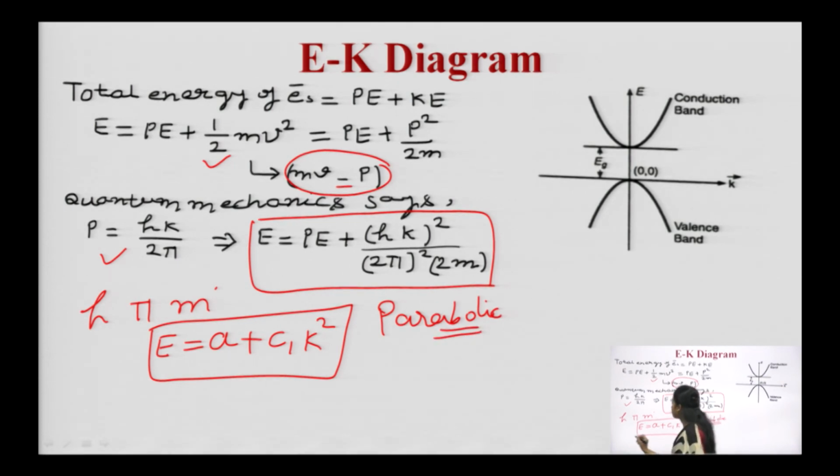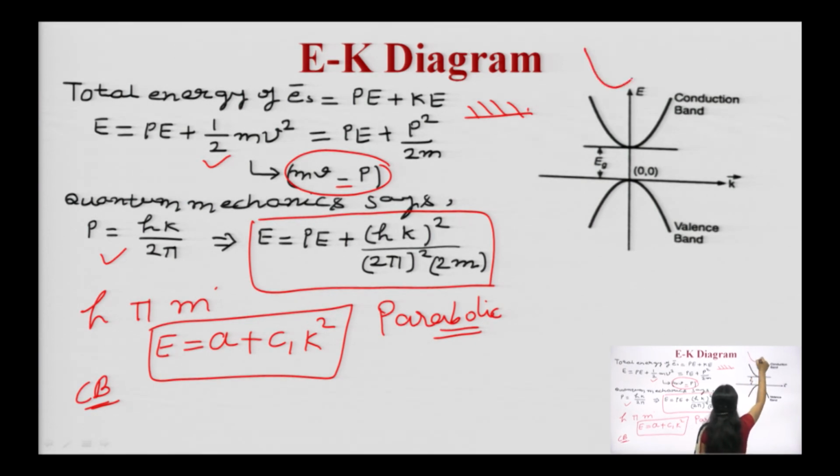So, when you are drawing for the conduction band, the conduction band is moving away from this point. So, this term would be positive and it will be drawn like this parabola, where this point will be shifted over here.